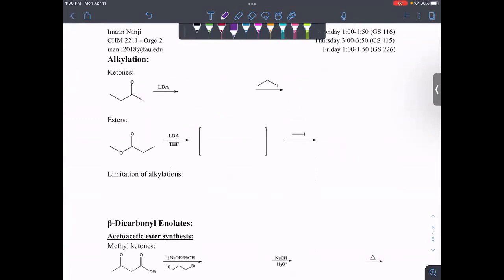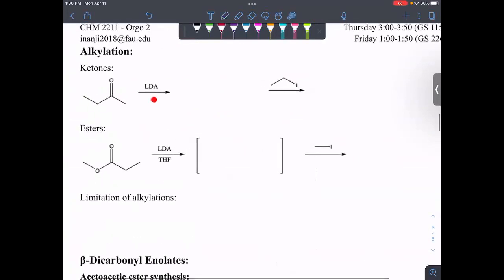So we saw halogenation through an enolate intermediate. We can also do alkylation. It's literally the exact same idea. Given a ketone, a base, and then an alkyl halide, what do you think is going to happen?